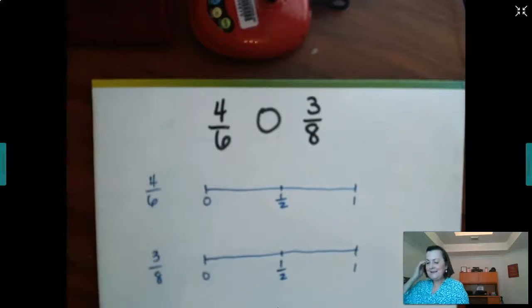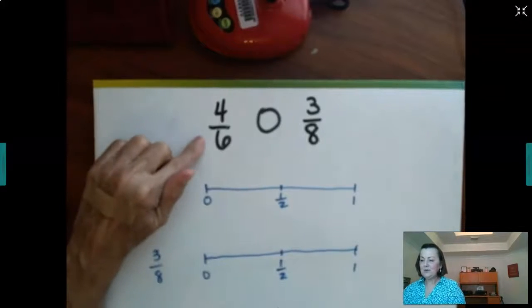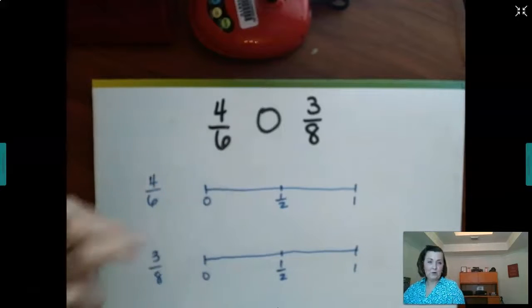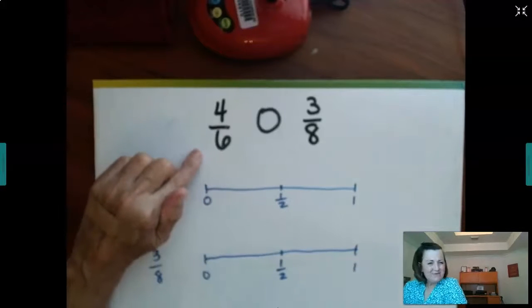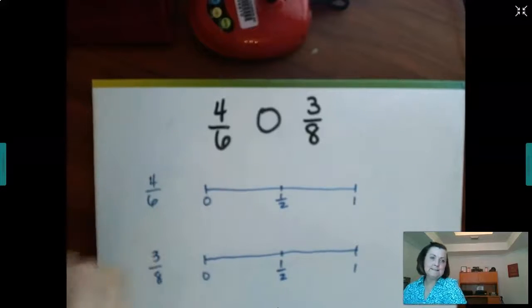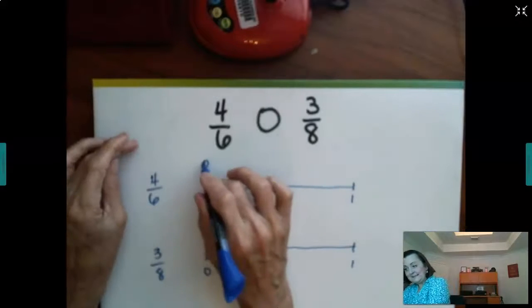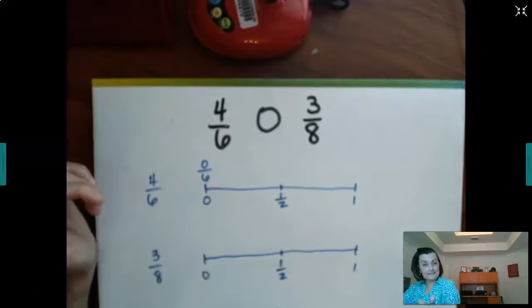Now, the next thing we're going to do is, if we look at our denominator, that tells us how many make the whole, what fraction that has a denominator of 6 is equivalent to 0? Well, that would be 0/6.